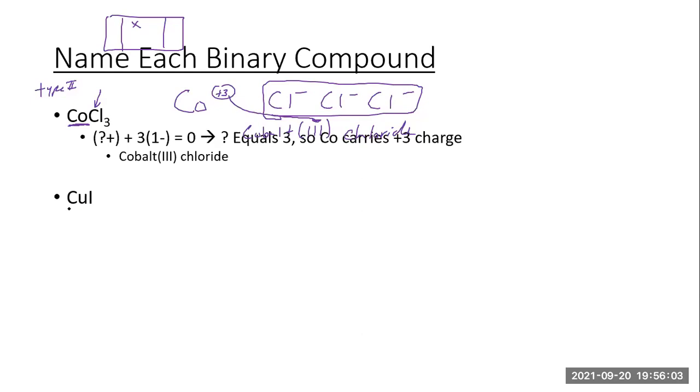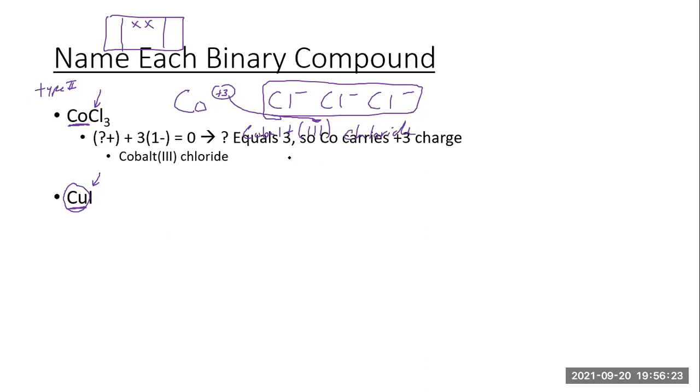Looking at this one, we see Cu, which is copper, which is a metal. We see I, which is iodine, which is a non-metal. Again, tells us it's ionic. Always the metal is the important part. Again, copper there in the transition metal region tells us it's type 2, can have a variable charge.